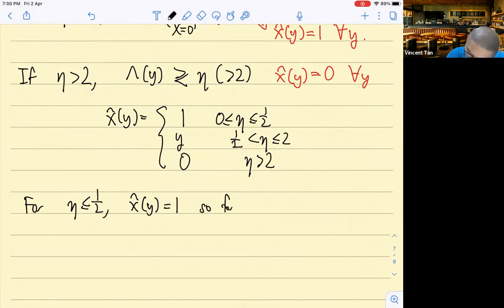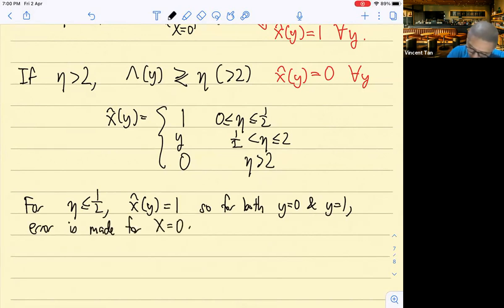So for both y equals 0 and y equals 1, an error is made for x equal to 0, but not for x equal to 1. Here we make an error for x equal to 0 because we always declare 1.